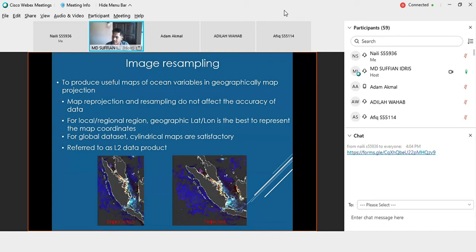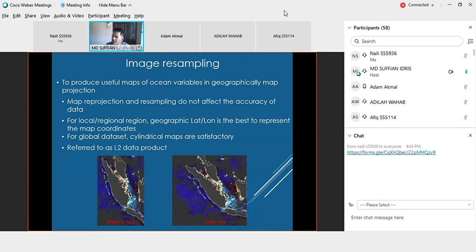Ada masalah. Distortion. Okay, so yang itu you kena projected balik. So you nampak kat sini sebagai contoh di sini dia herot sikit. Bila you reproject balik, dia akan jadi betul lah.